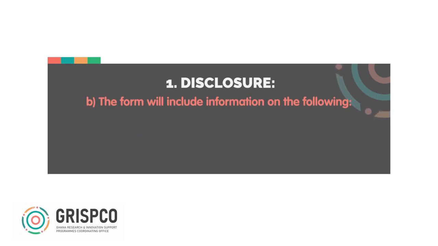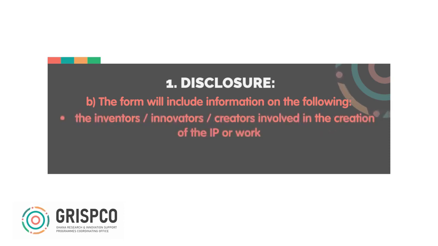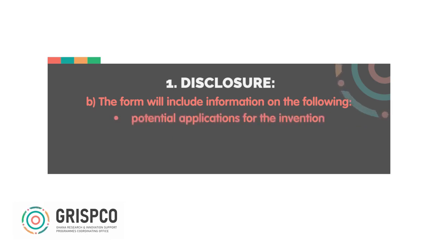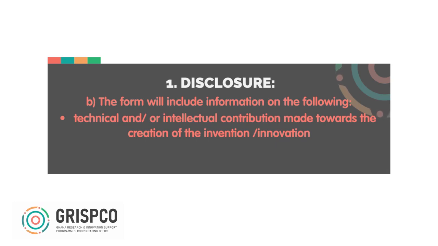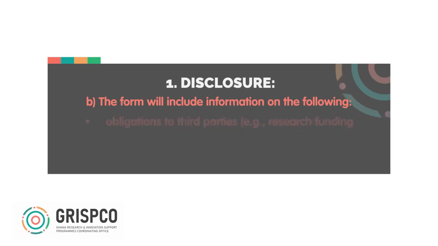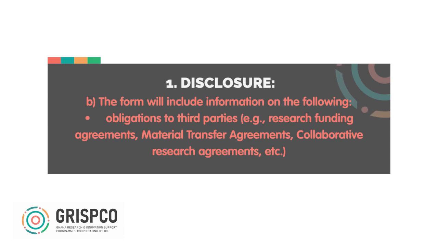The form will include information on the following: the inventors, innovators, or creators involved in the creation of the IP or work, potential applications for the invention, the advantages offered by the invention over existing and/or similar inventions or innovations, technical and/or intellectual contribution made towards the creation of the invention or innovation, obligations to third parties, for example, research funding agreements, material transfer agreements, or collaborative research agreements, and others.